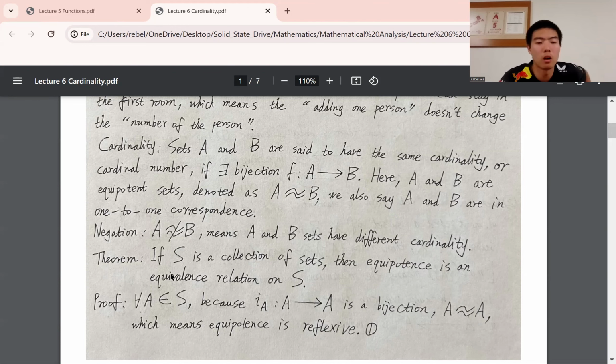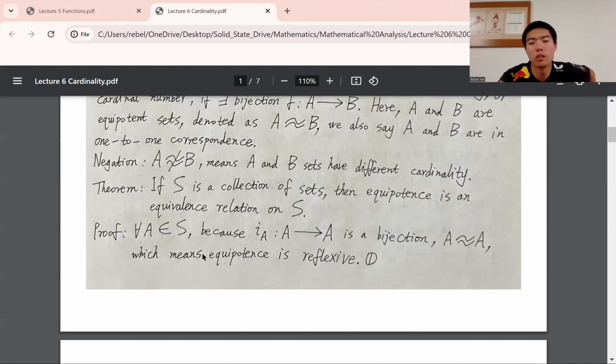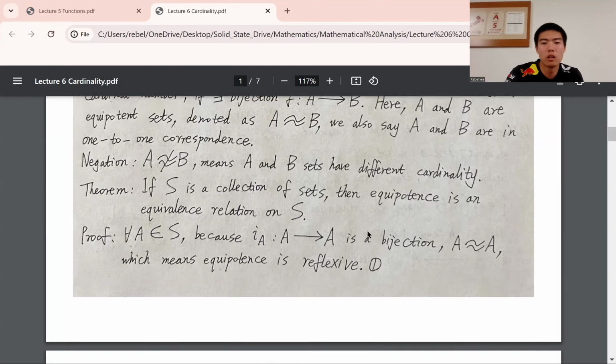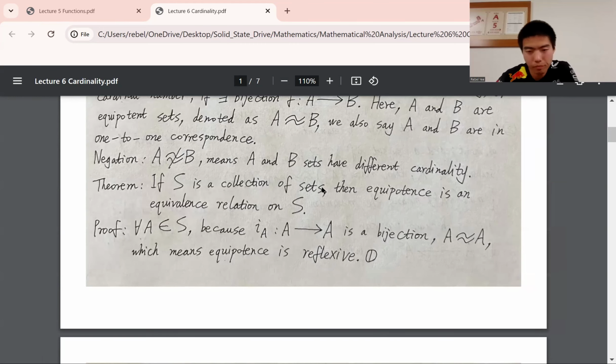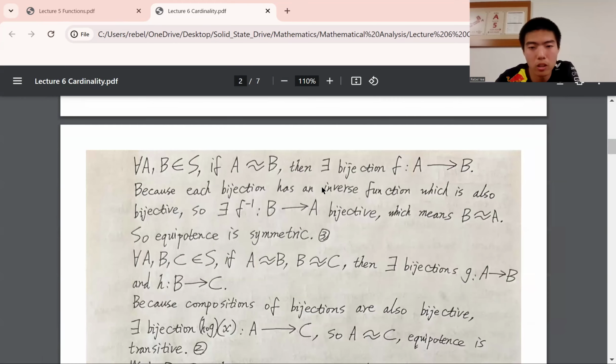So let's state the theorem. The same cardinality relation is an equivalence relation on S, if S is a collection of sets. If you want to prove that some relation is an equivalence relation, we show it in three ways: first reflexive, then symmetric, and then transitive.